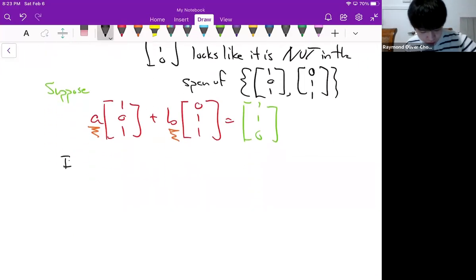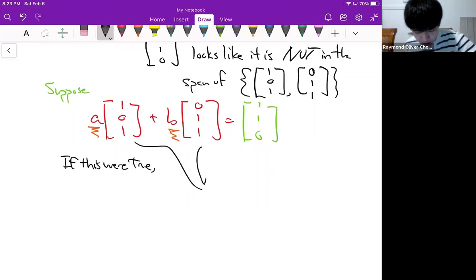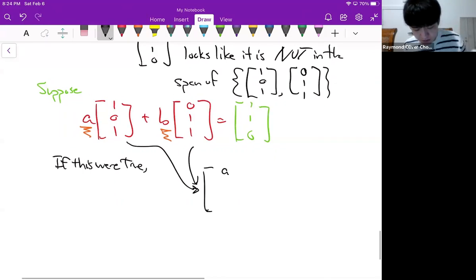So if this were true, let's simplify this expression, right? What do we get? Well, I get an A in the first entry because if you go like this, you get A, right? If you go like this, you get B, so B is the second entry.